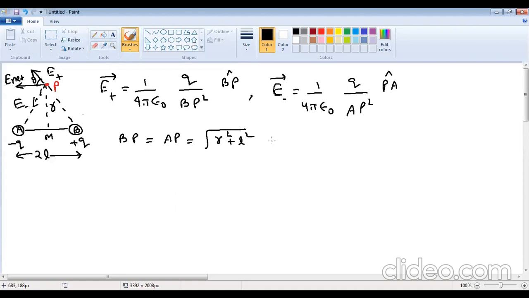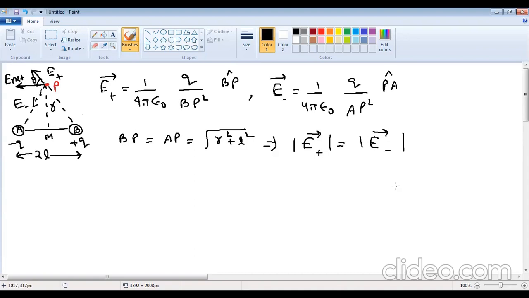And if we use these two distances in these two expressions of E positive and E negative, we see that the magnitude of both of these fields is actually the same. Both of these fields have equal magnitudes.